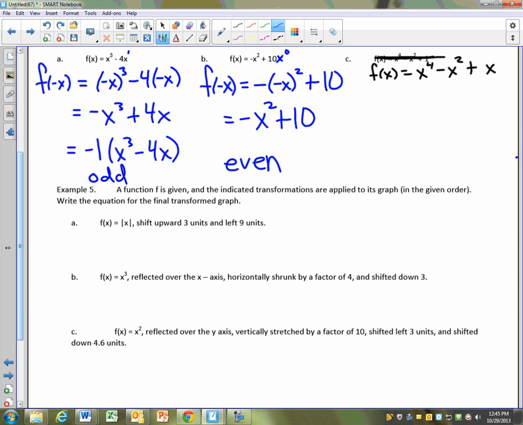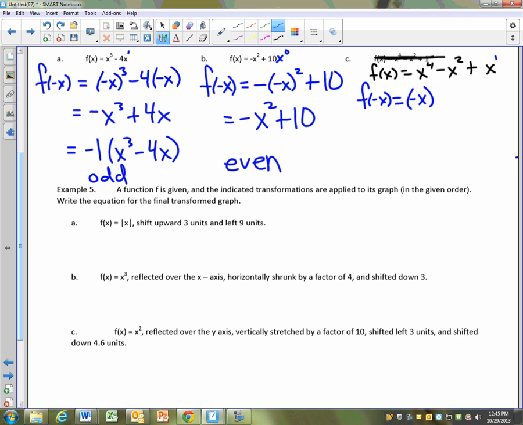Hey, look at the last one. Are all the powers even? No. Are all the powers odd? No, they're both. So therefore, this will be neither even nor odd. Let's verify it algebraically. f of negative x.